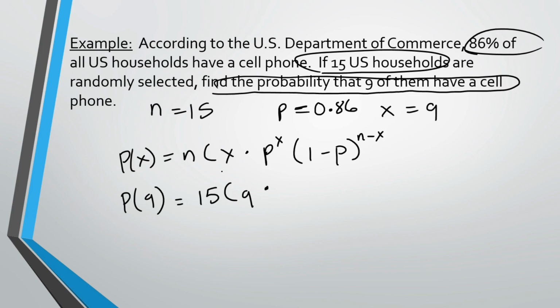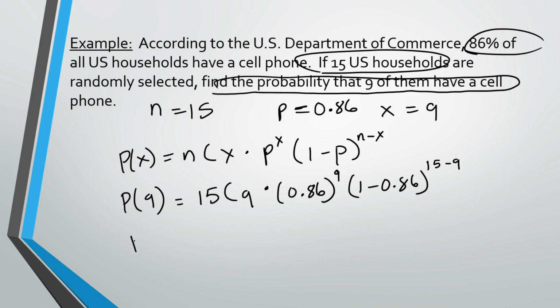I'm just plugging in n and x, and this is 0.86 raised to the 9 times 1 minus 0.86 raised to the 15 minus 9.